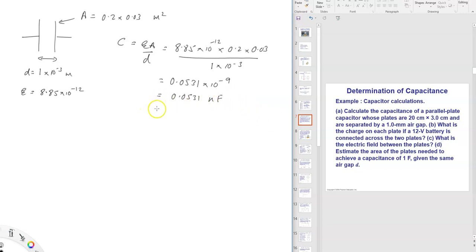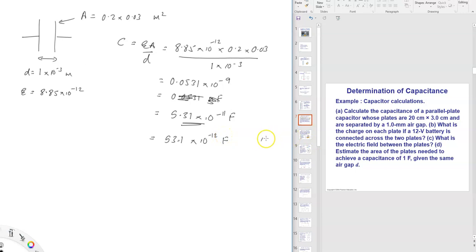Or without going that way, you can just say 5.31 times 10 to the negative 11 farads. That's fine, right? That's an answer. Or you can say 53.1 times 10 to the negative 12 farads.